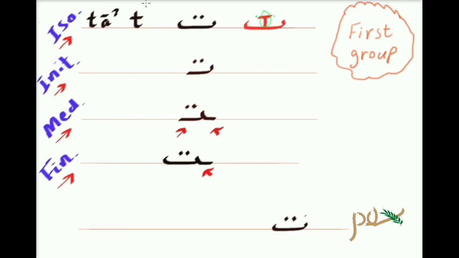In this way, we have got the isolated form of the letter Ta in Arabic. Boat with a table T. To get the initial form, we removed the end part of the boat to make it connectable to the following letter.